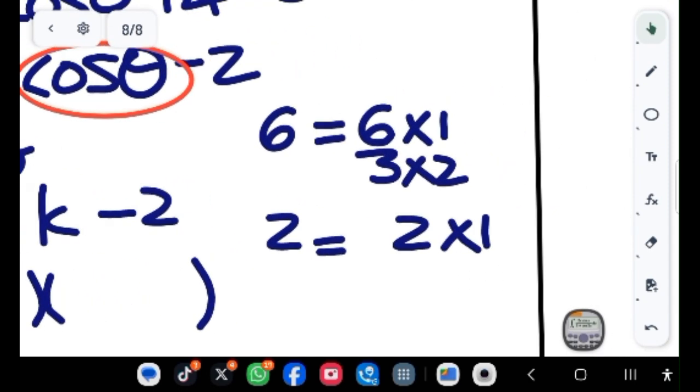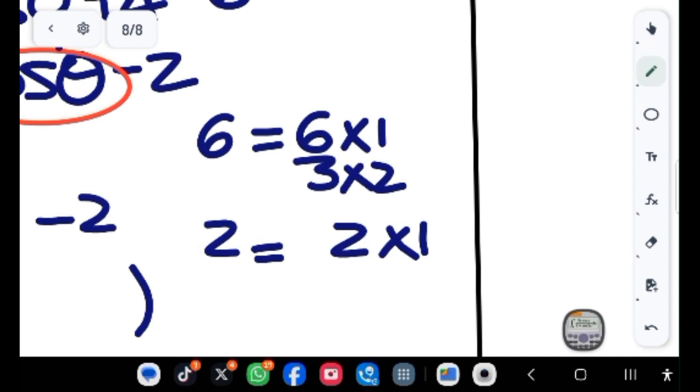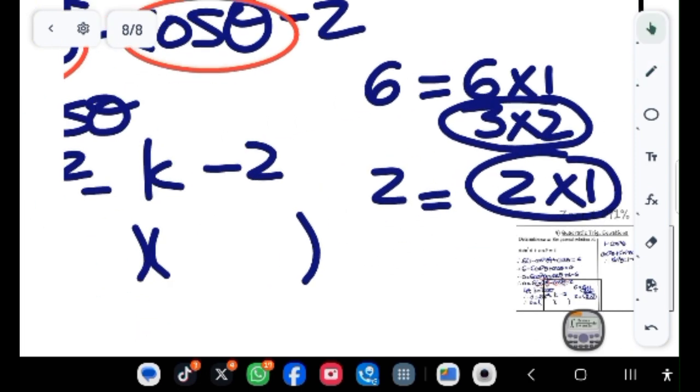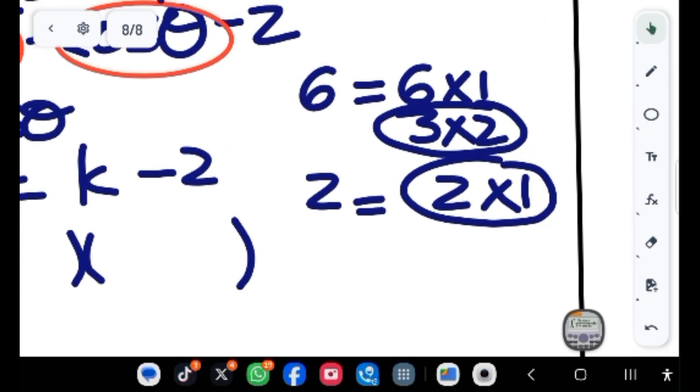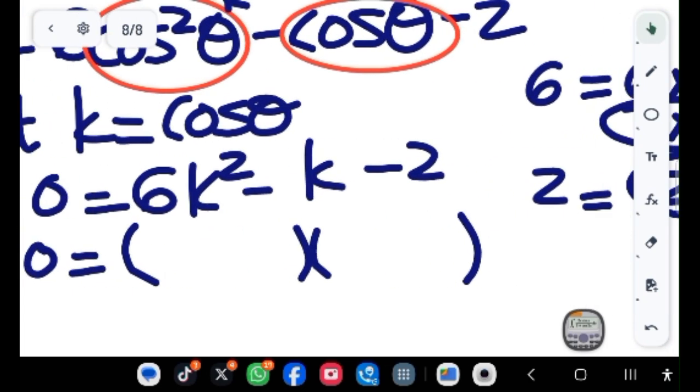The one that will give us 1 in the middle could be either 3 times 2 or 2 times 1. Let's see which one. We must find the one that gives us 2 ultimately. So let's go 3k and 2k.